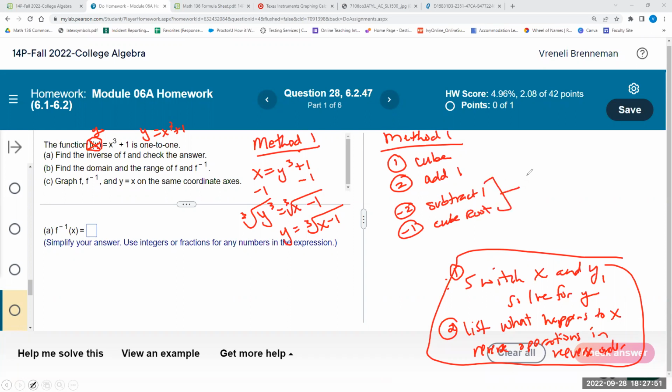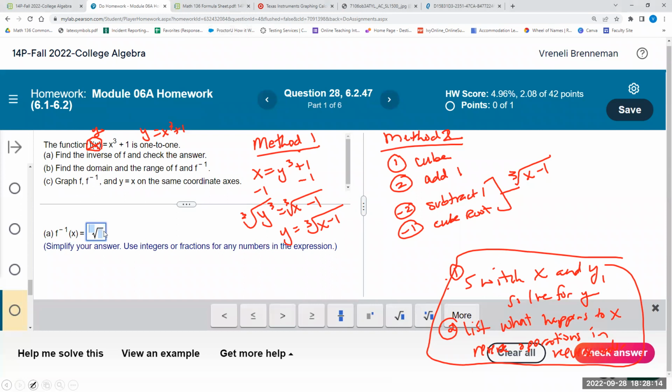So I have x minus 1, and then I apply the cube root onto the x minus 1. You can do either of those, other than, again, if x shows up more than one place, you can't really do method 2. So we have this, cube root of x minus 1.